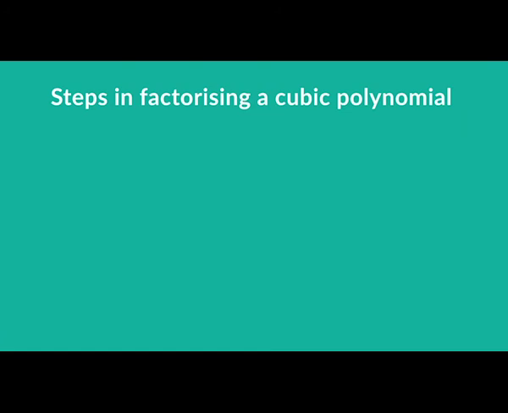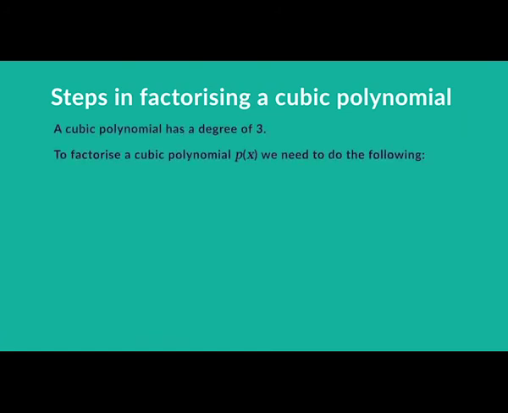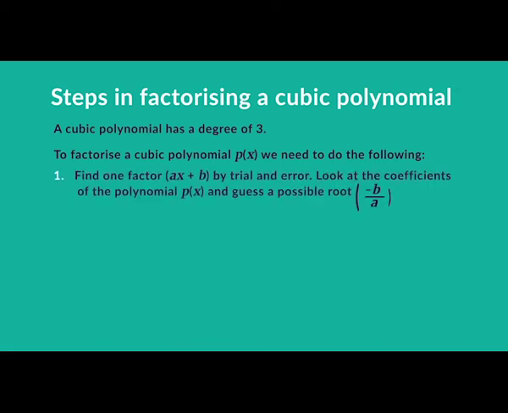For cubic polynomials, we generally have to follow a bit of a trial and error process when factorizing. Follow these steps. Number 1. Find one factor, ax plus b, by trial and error. Look at the coefficients of the polynomial p of x and guess a possible root, minus b divided by a. You can also divide the polynomial by the leading coefficient so that you can find a single number, b, instead of minus b divided by a.